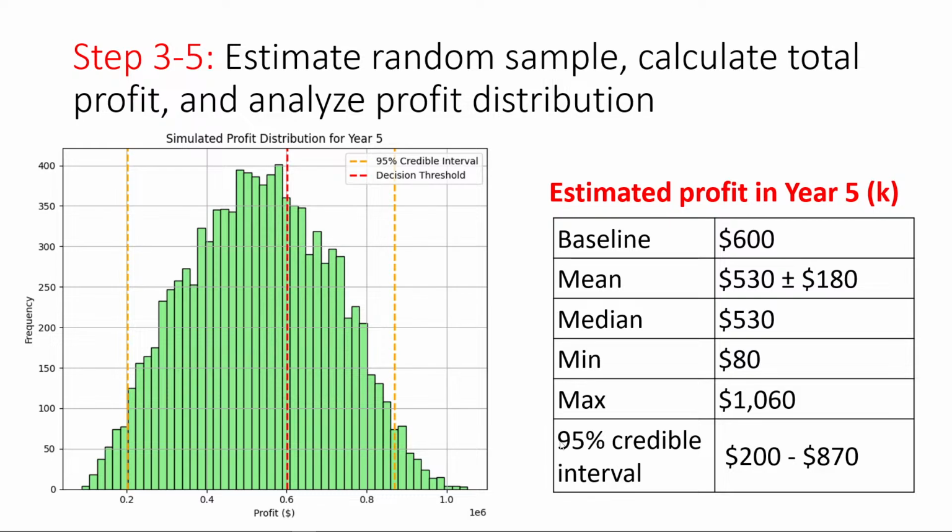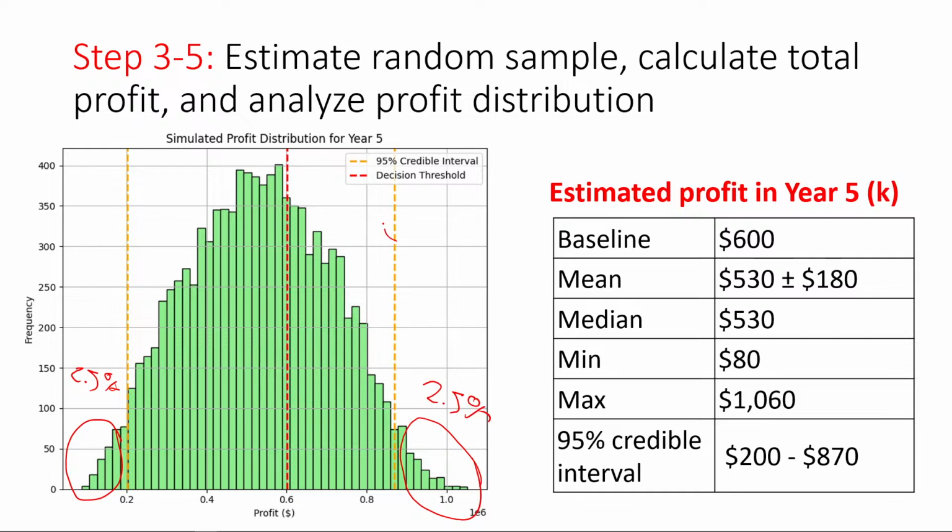So I take my sample and keep 95% of the sample. I remove the extreme samples, so I remove the samples here, which constitute 2.5%, and I remove the samples here, another 2.5%.